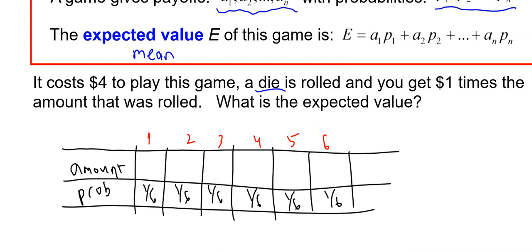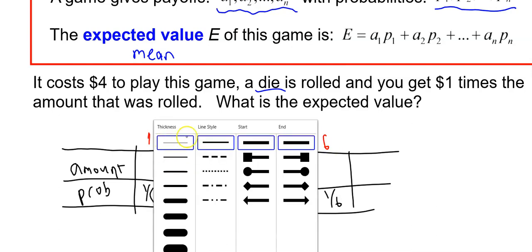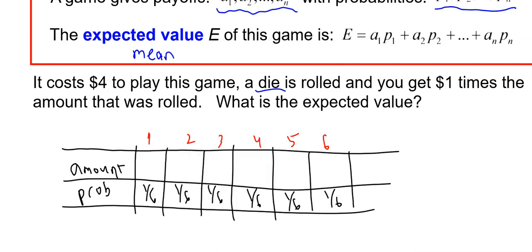But really, we want to get the amount for each one here. If you roll a 6, you win, according to this, $1 times the amount that was rolled. So $6, but you had to pay $4 to play. So it's a profit of $2.